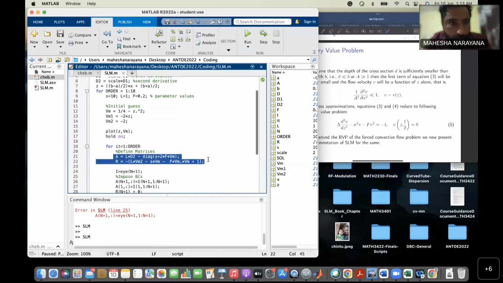Can somebody figure out what is the problem that we're facing here? Maybe the values are fine. L is taken as 1, S is 10.